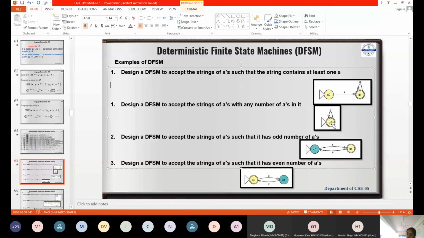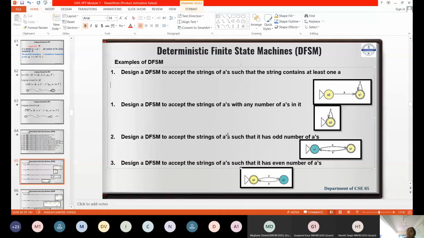The initial state is the state which doesn't consume input, yeah? So with epsilon input, it is in Q0. Later, any number of A's, not a problem. Any number of A's means even 0 number of A's also. Correct?